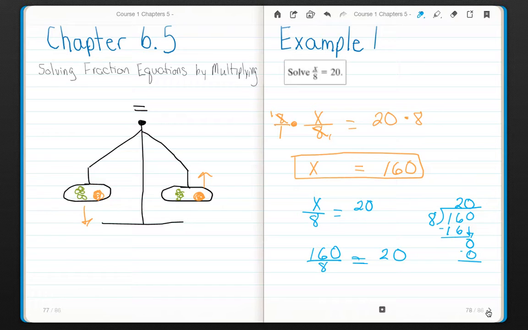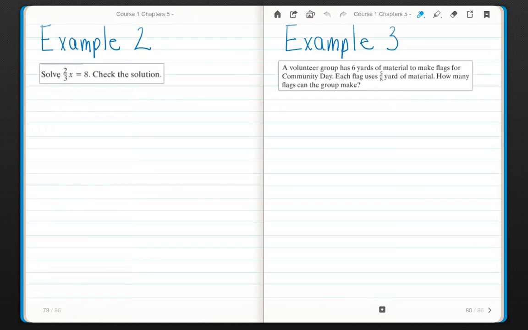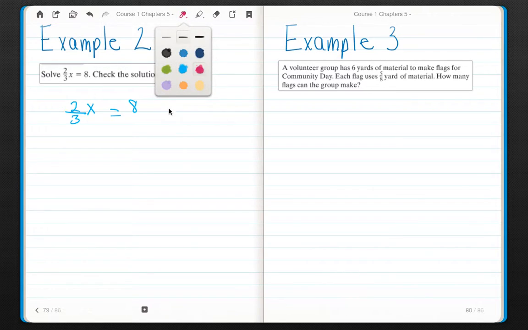Let's take a look at example 2. In this example, the number in front of x is not a whole number like it was in example 1. Now it's a fraction. 2/3 x, or 2/3 times x, equals 8. So here, in order to get x by itself, I'm going to multiply by the reciprocal of 2/3.